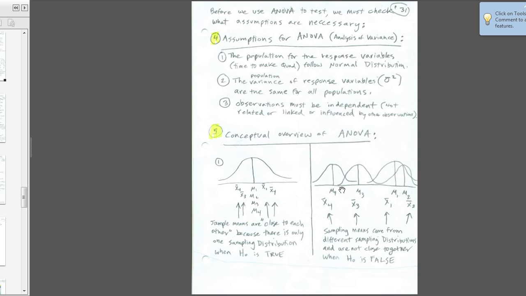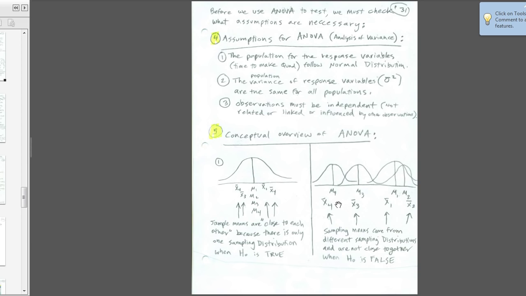We're going to create 2 estimates. And imagine if we had 2 estimates for variance from this distribution. If we had the estimate 1 and the estimate 2, and we did division with those, we get the number 1, right? Because they should be exactly the same. Whereas over here are 2 estimates of variation. One is going to come from the difference between each mean, which will be like the difference between each one of these. So if the variation is from a situation like this, then we're going to get some huge number, and we'll use that in the numerator.